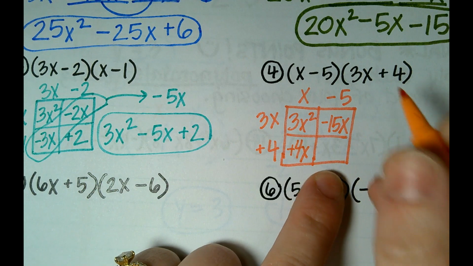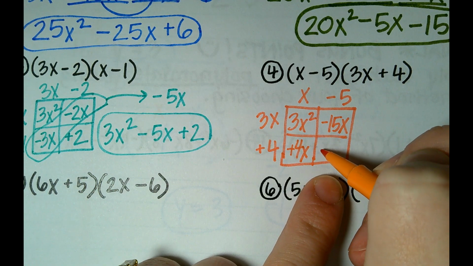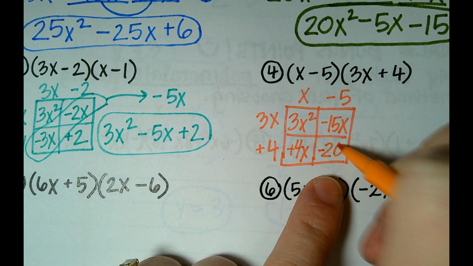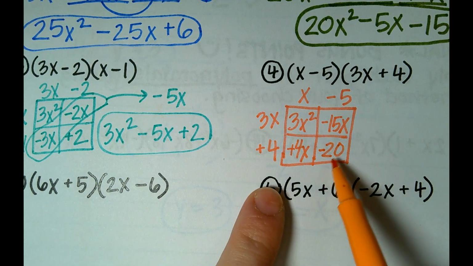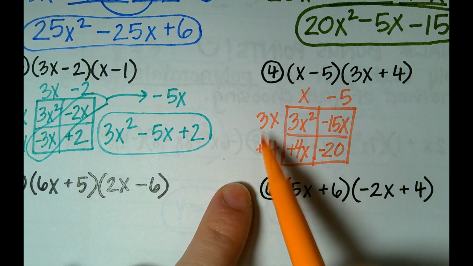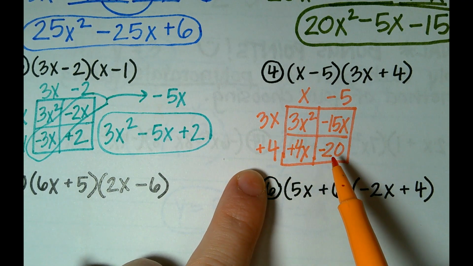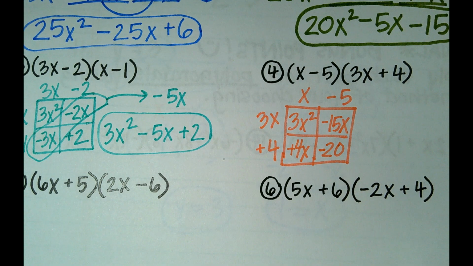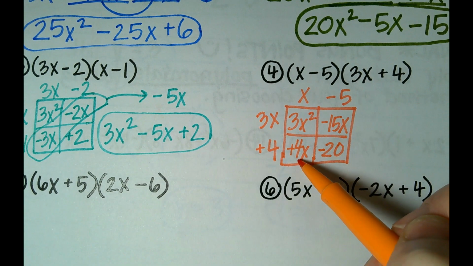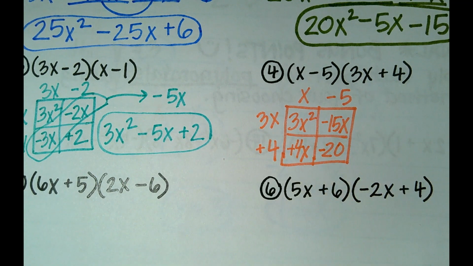What will that give me? Negative 20. Yes, we multiply to get these 4 numbers, and then the only time we add is when we combine our like terms, like our 4x and our negative 15x. We'll add those together. So we have our 4 terms.